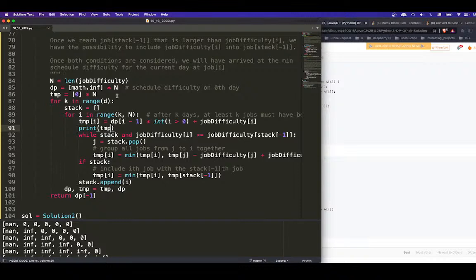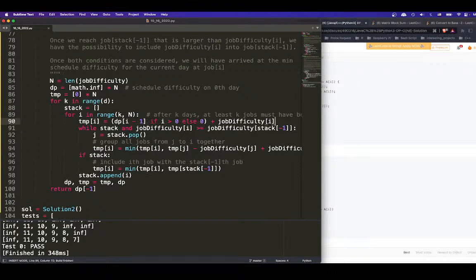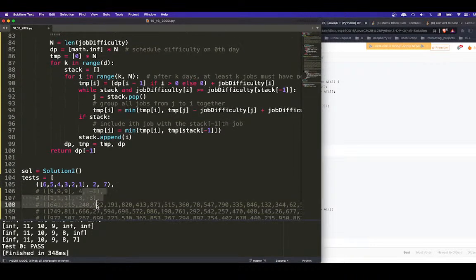Oh, math.inf times 0 is not a number. Holy crap. Okay, okie dokie. If i larger than 0, else 0. There we go. I didn't realize.